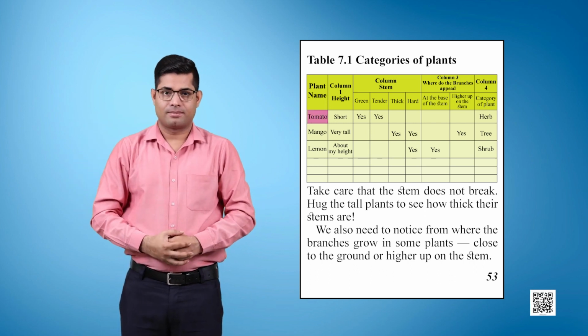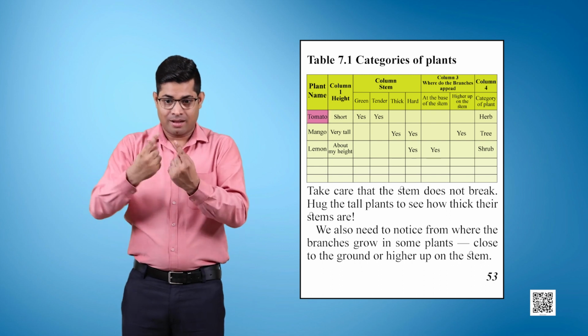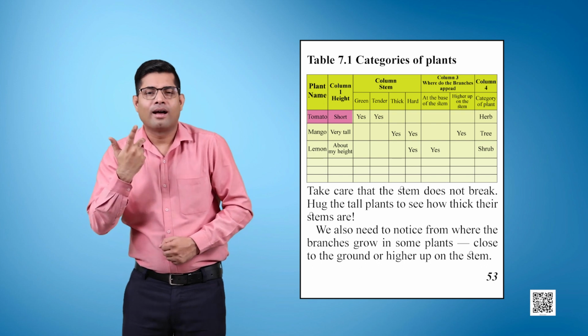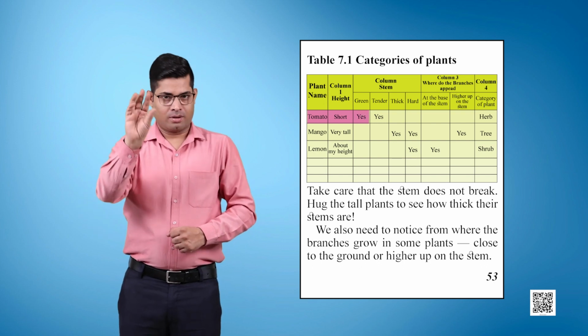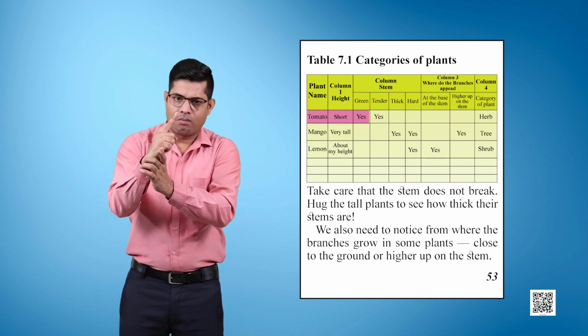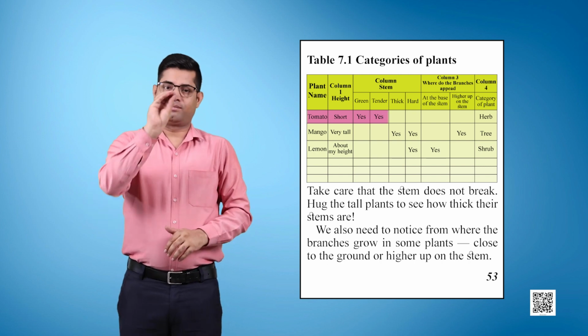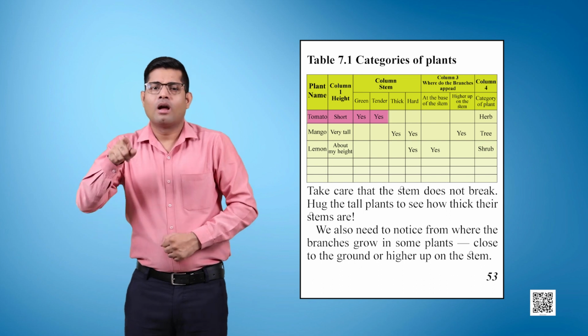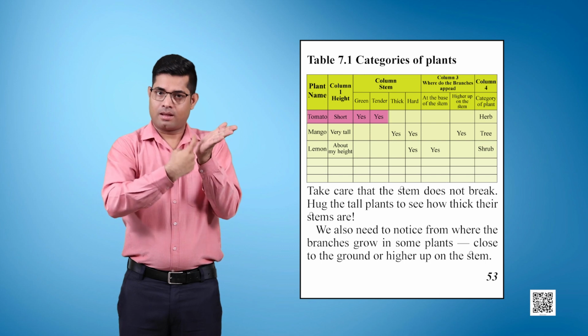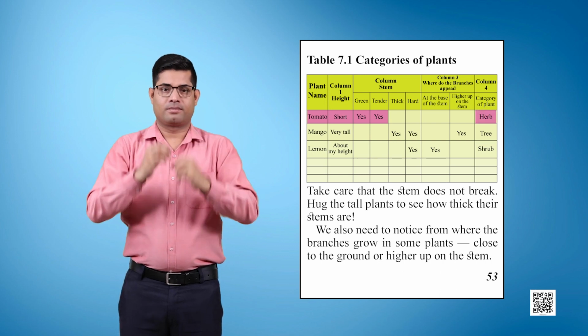Tomato, height short. Green, yes. Tender, yes. Category of plant, herb.